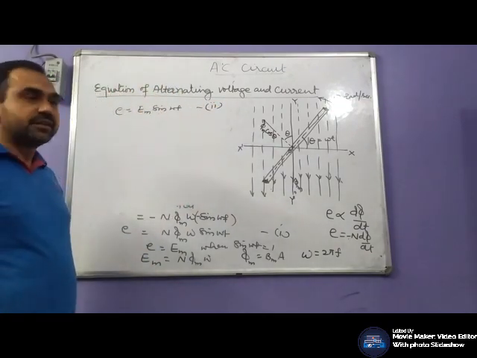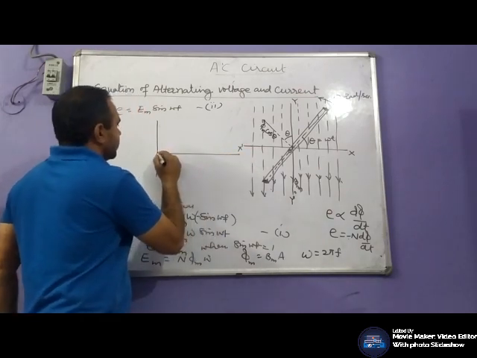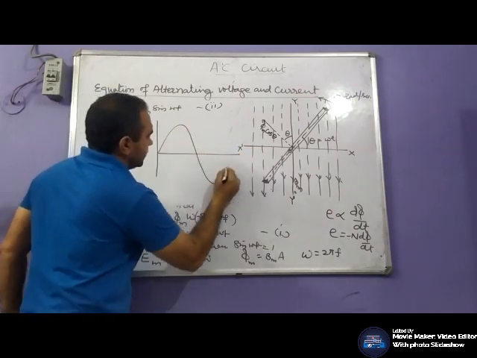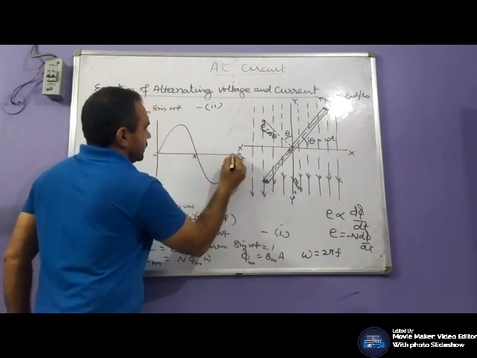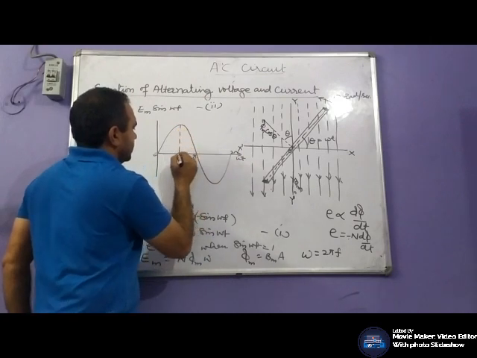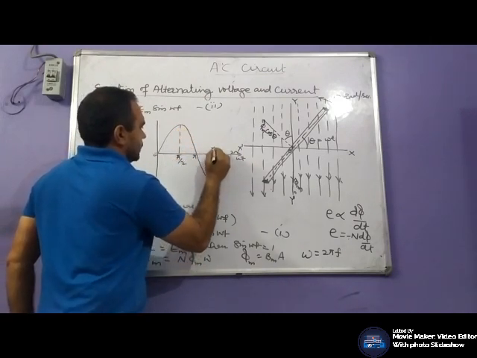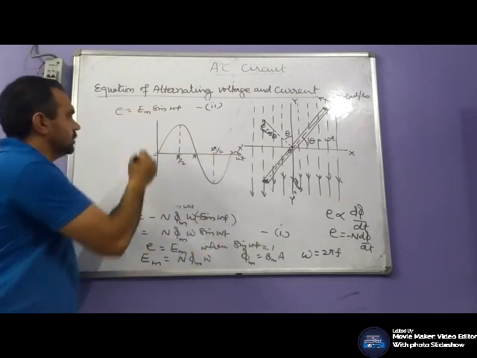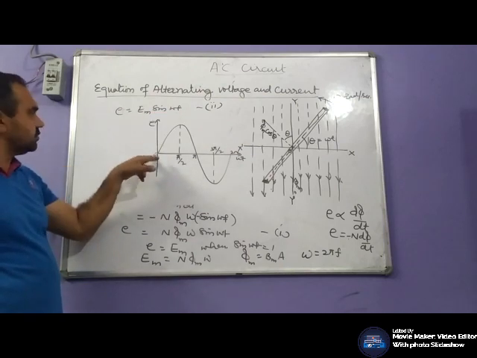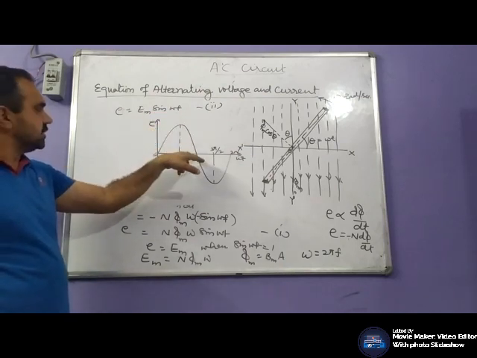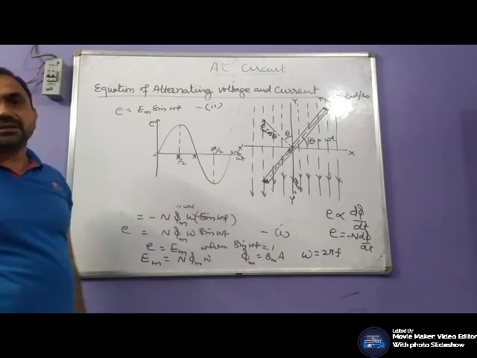And when we represent the wave shape of this voltage, we will observe that it would have this wave shape. At 0, value is 0. At 90, maximum, then 0, negative maximum, and 0.